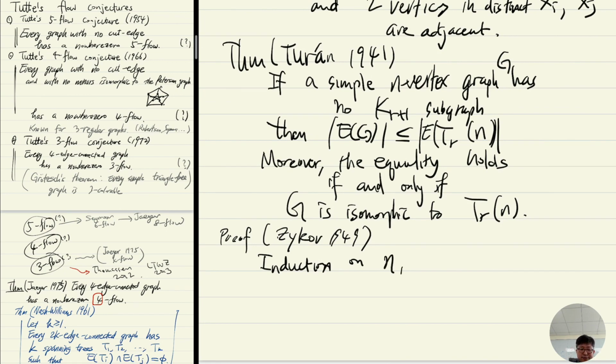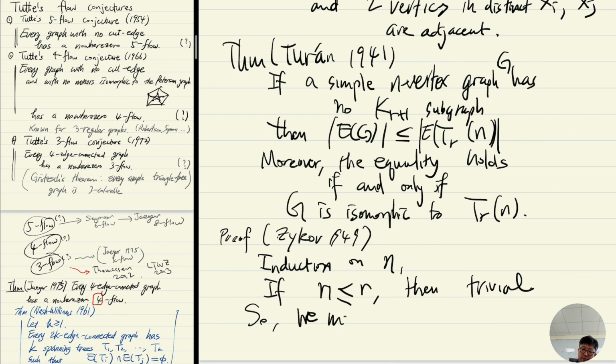Now, if n is less than or equal to r, then it's trivial. No graph has KR plus 1, and the Turan graph is the complete graph. All right? So we may assume n is bigger than r.